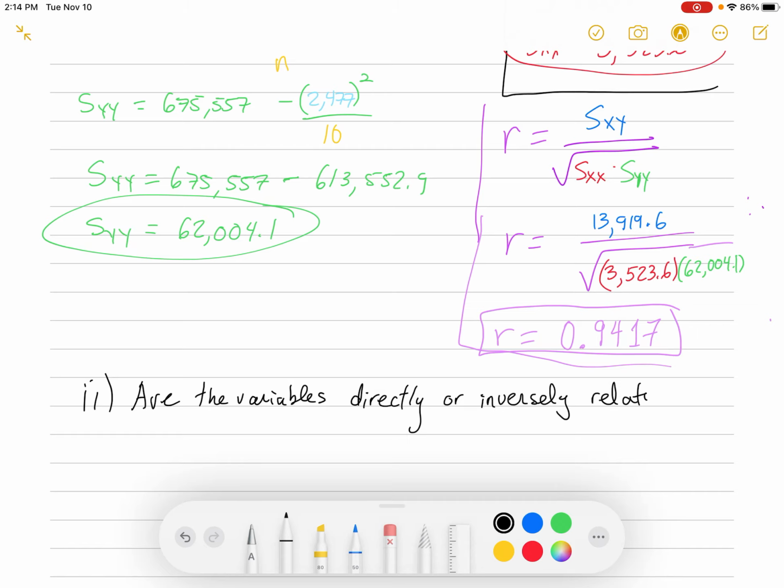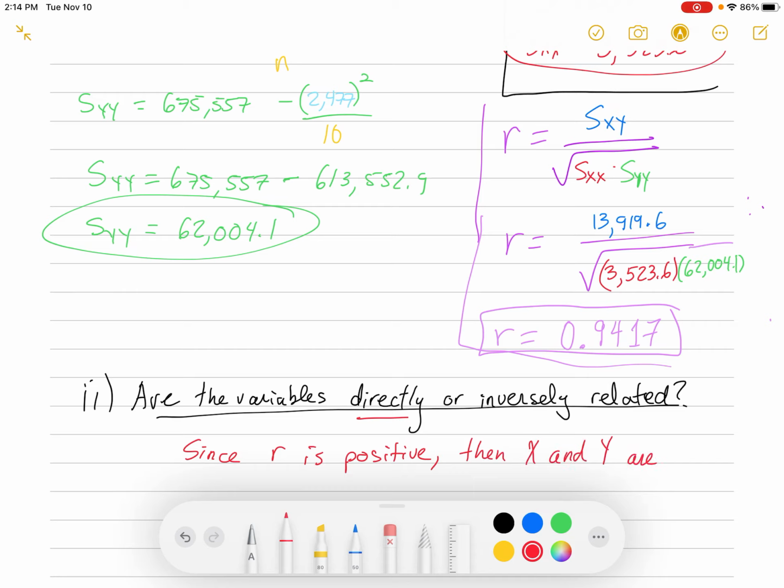Well, the answer is directly, right? So since R is positive, since you have a positive correlation, then they are directly related. X and Y are directly related.